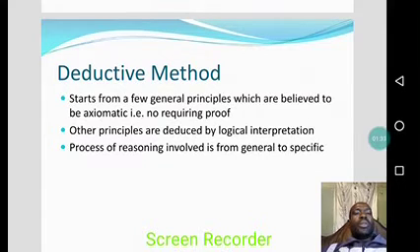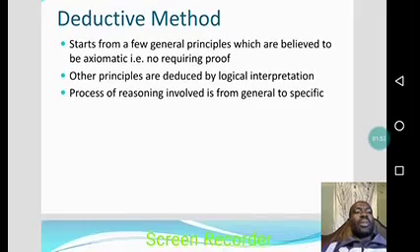You're going to derive or come up with other principles by logical interpretation. You're beginning with a general principle, with a general theory, and then through deduction you're going to come up with other principles.